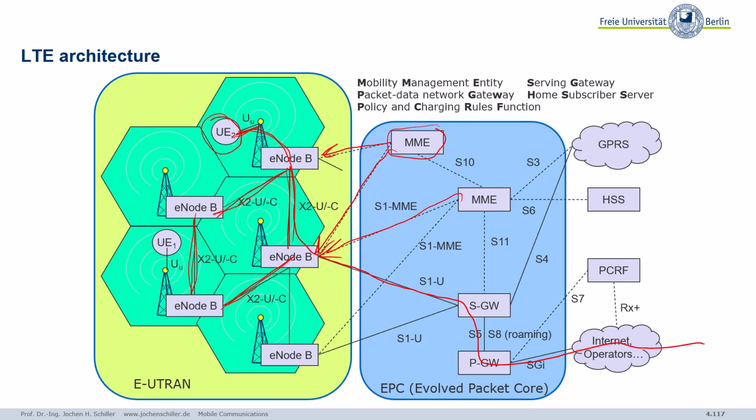That's basically the same. And then we have databases, the HSS, the home subscriber server. That's something like our home location register, and we might have connections to old networks, etc. So you see, if you know the old architecture, you see some of the differences, but also similarities.